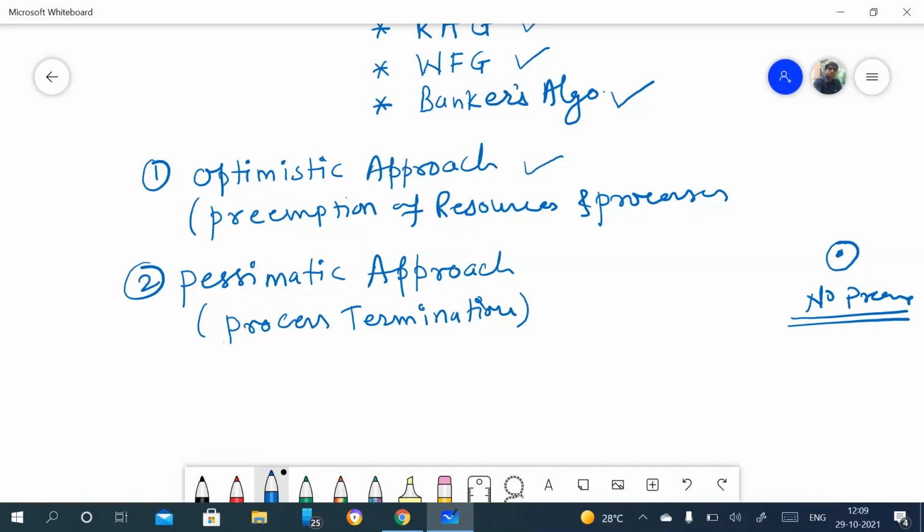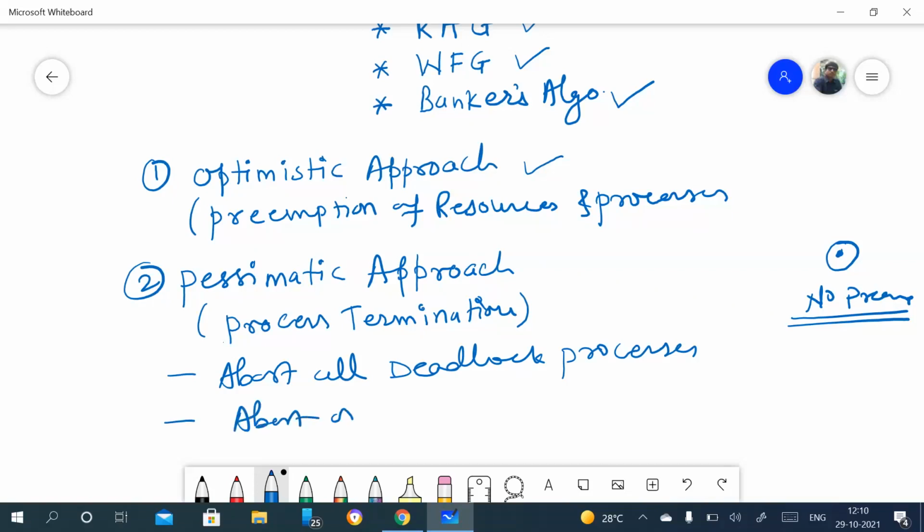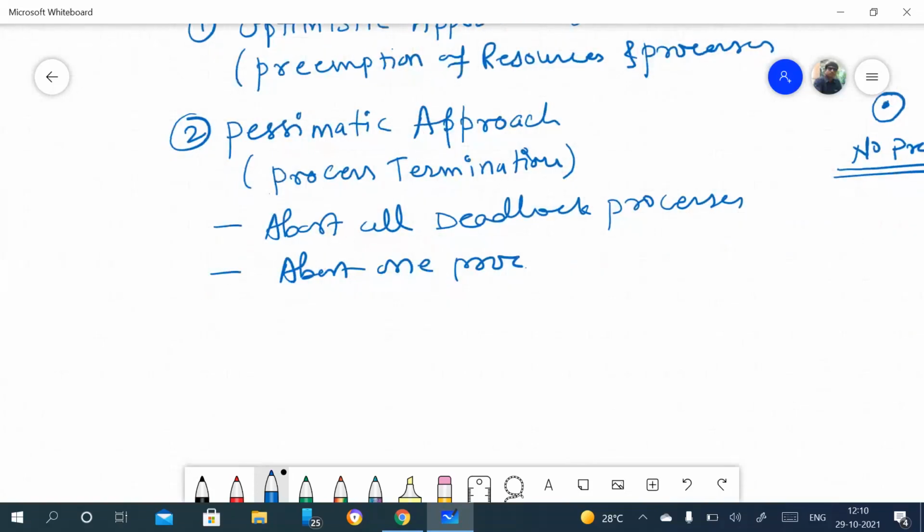This is one option, or we can abort all the deadlocked processes, or we can abort only one process. This is also possible.